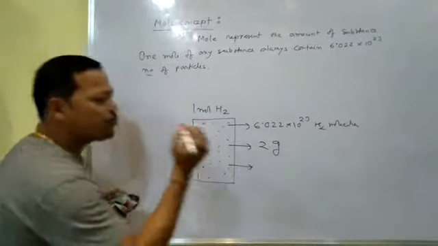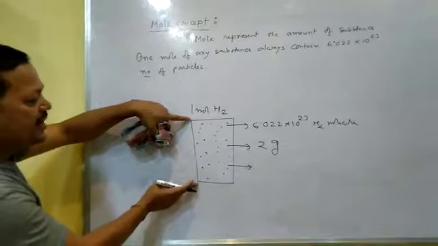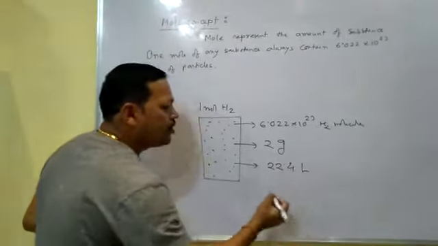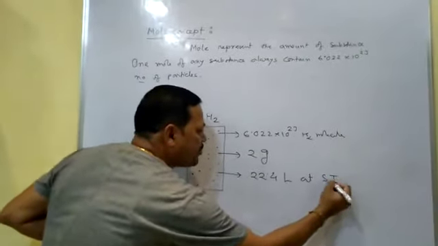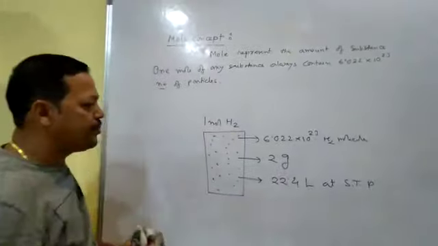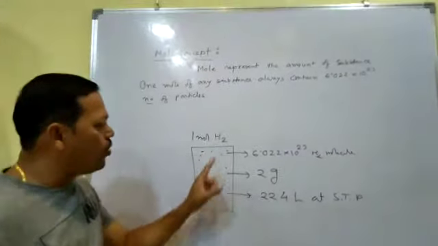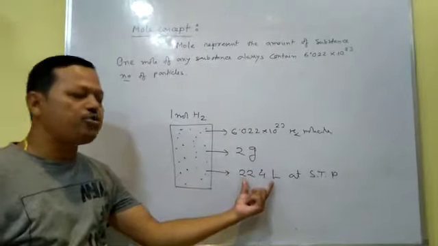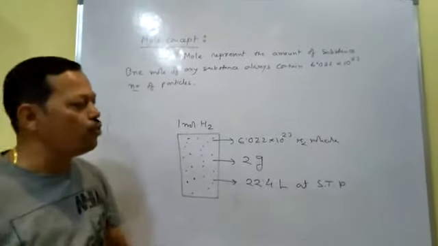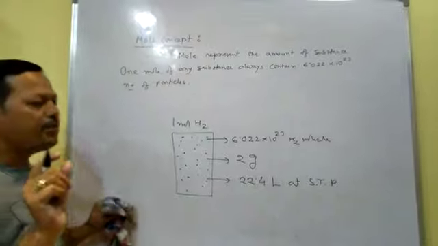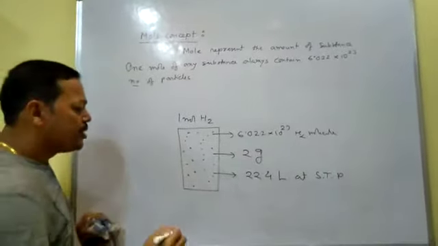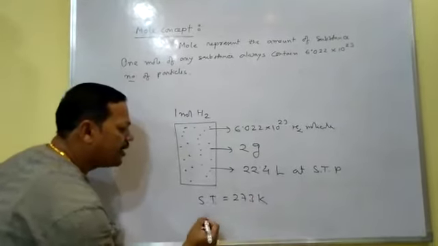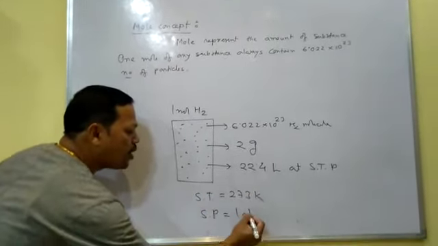And in terms of volume, if the gas is exactly 1 mole, it always contains 22.4 liter at STP. I will tell you what is STP. I mean if the gas is 1 mole, 1 mole of any gas always contains 22.4 liter by its volume. What is STP? STP means standard temperature and pressure. Standard temperature value is considered as 273 Kelvin, and standard pressure is considered as 1 atmosphere.